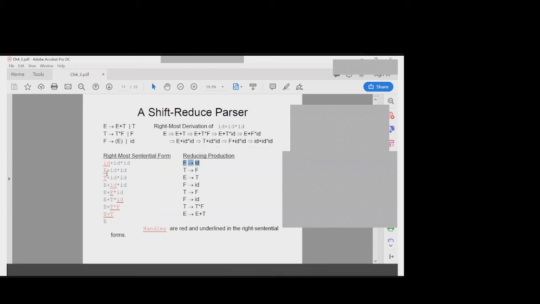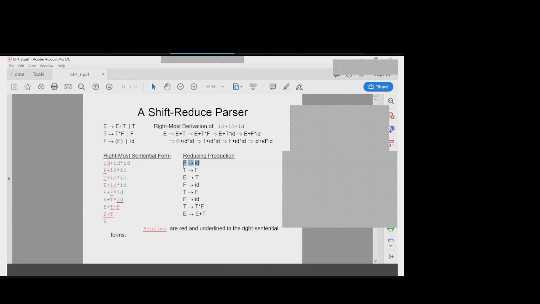Please listen very carefully, because at certain points you will feel that there are so many options, whether to shift or whether to reduce. If you want to reduce, there is the question of where and what to reduce.